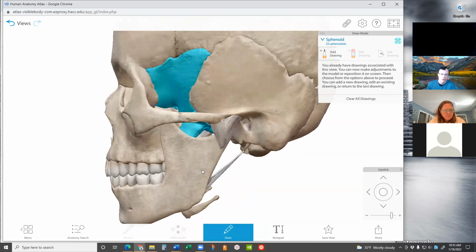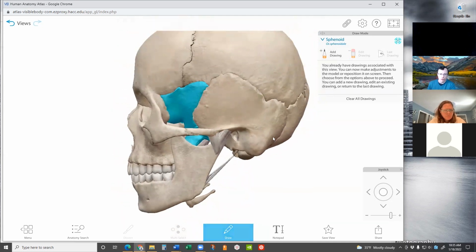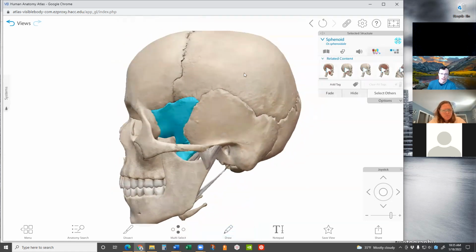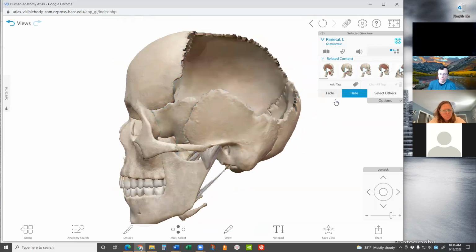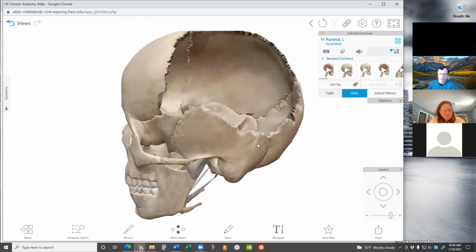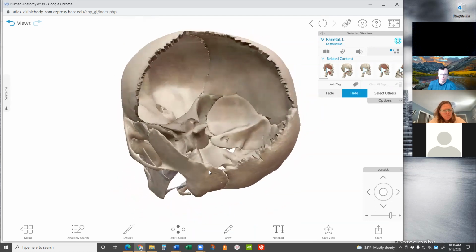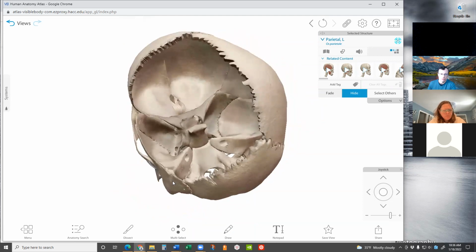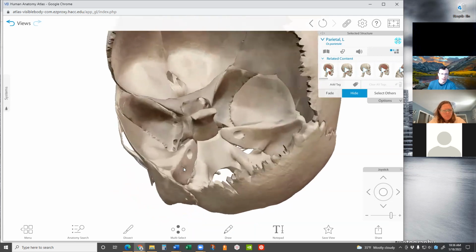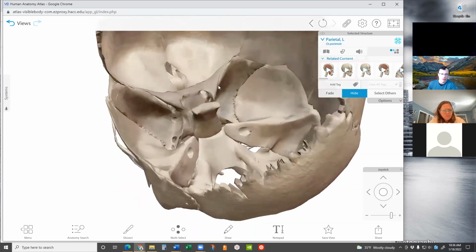Let me show you one more viewing perspective of the sphenoid bone. I'm going to take the parietal bone here and I'm going to hide it. And I'm going to look down into the skull. And so right here, you can see it.